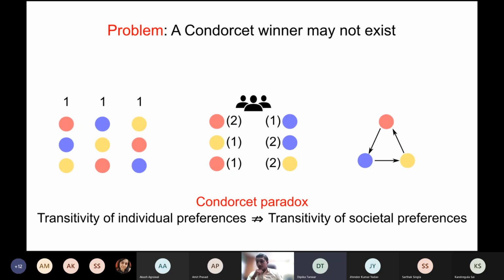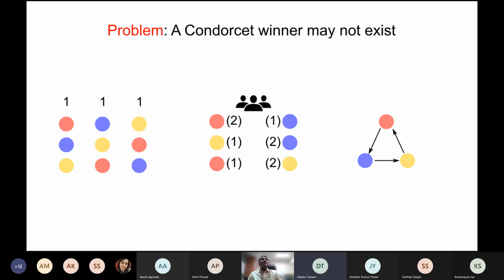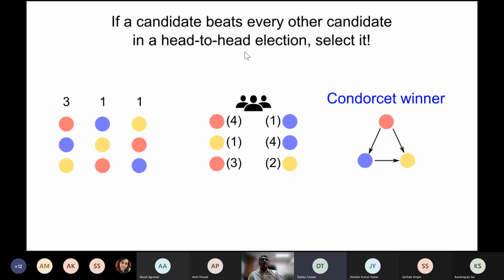Yeah. So I mentioned this Condorcet criterion on the previous slide, and the keyword here was if. So if there exists a candidate that wins all of its head-to-head elections, in other words, if there exists a Condorcet winner, a reasonable voting rule should pick it. It would be very strange to not pick such a candidate.